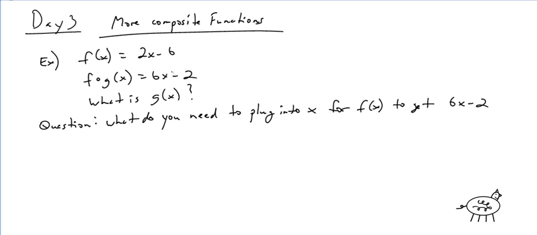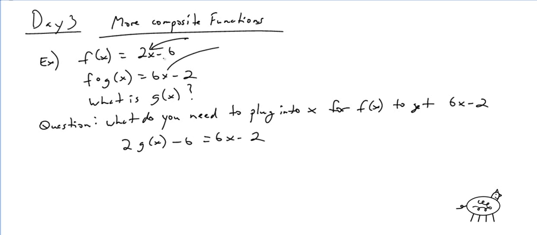So I'm looking to see what I'm plugging into this guy right here, what I'm plugging into that x. Alright, so that's actually pretty easy. So you're just saying 2 times g of x minus 6 is equal to 6x minus 2. That's all you're doing. Because, right, aren't you plugging g of x in there?